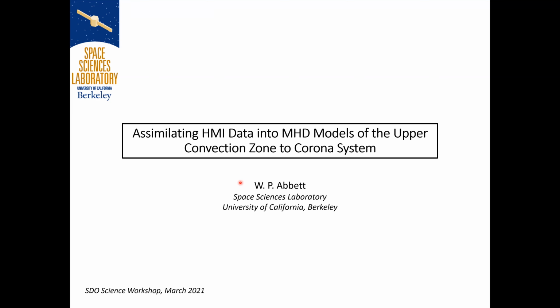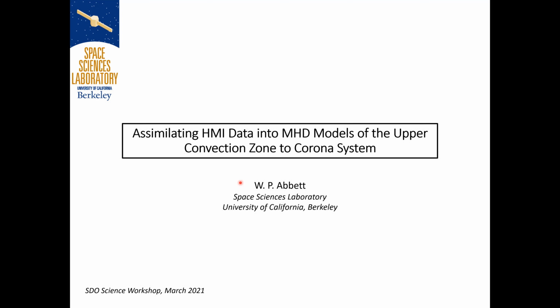And also the observations themselves have to be consistent with the physics of the model, and the physics of the model has to include all of the important heating and cooling, such that you have a model that is capable of incorporating the data in a physically reasonable way.